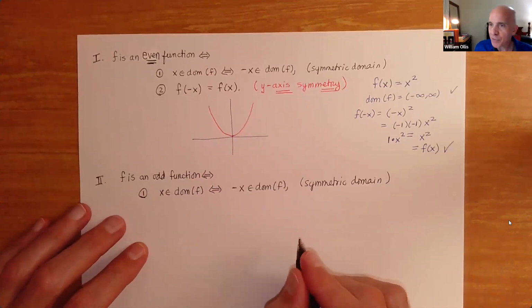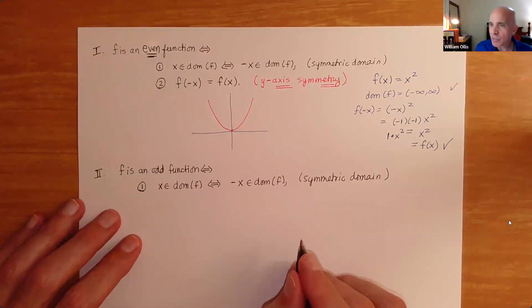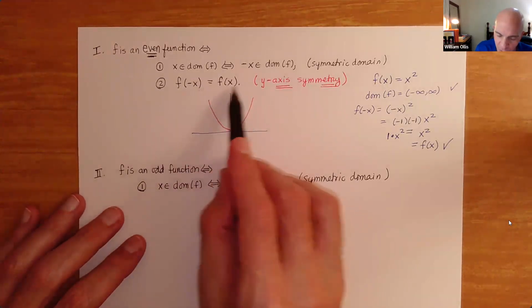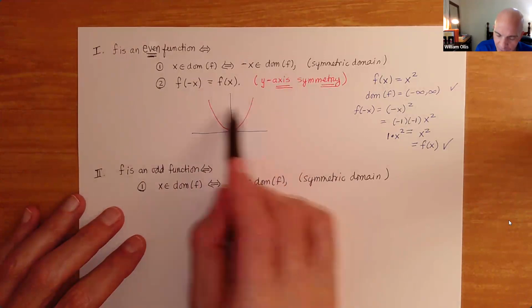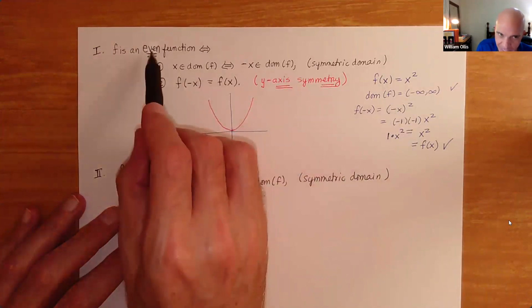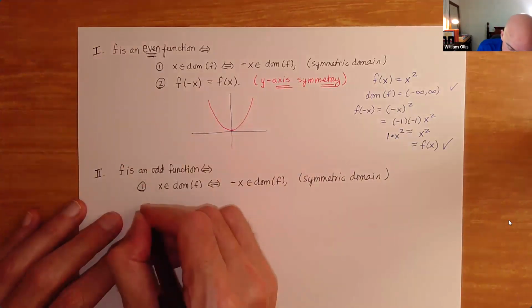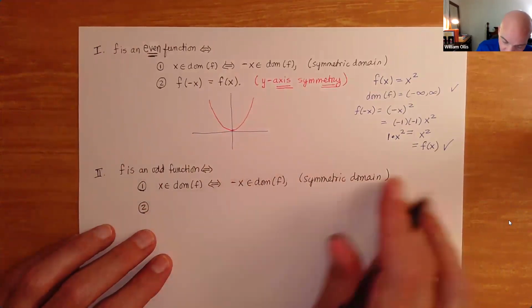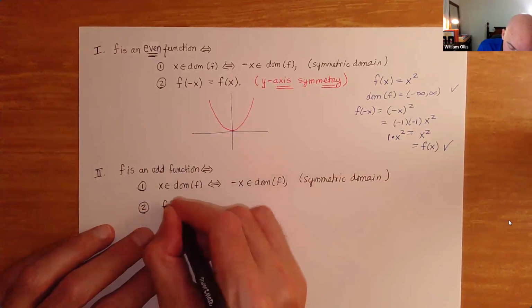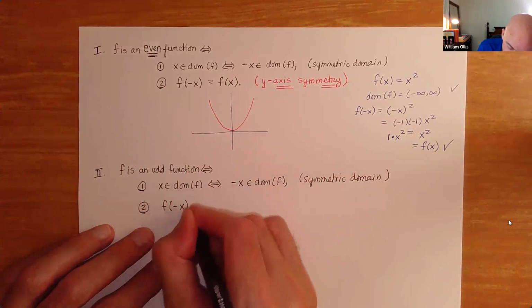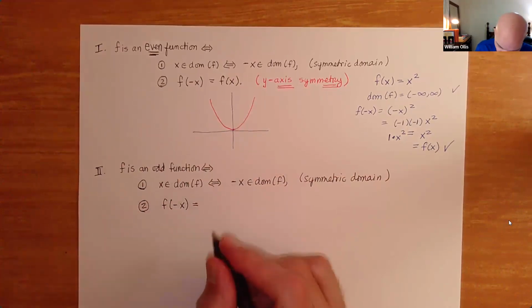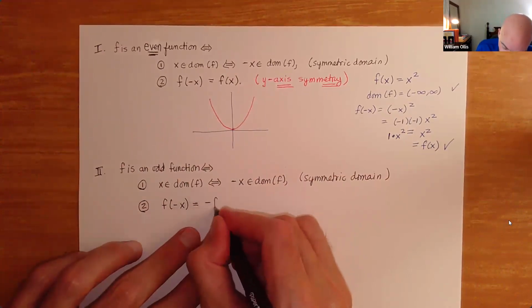Just remember here, the absorbing of the negative means the even. Now odd has a little change to it, not much. We have the symmetric domain, but now the additive inverse survives. That is, f of the additive inverse of x is actually the additive inverse of f of x.